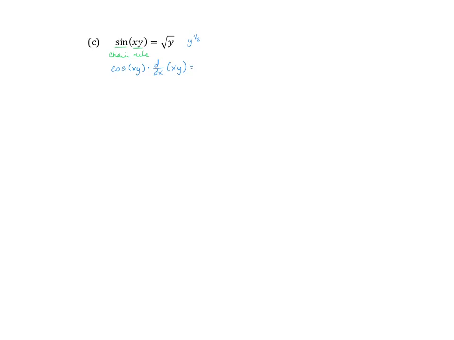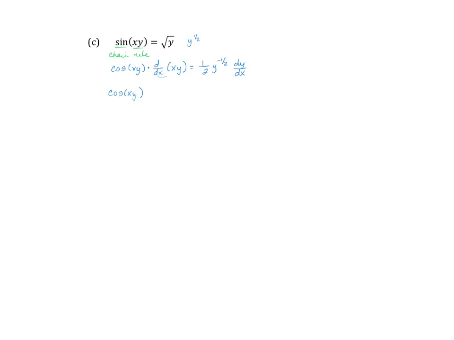And then on the right-hand side, this is just going to be 1/2 y to the negative 1/2. But remember, it's dy dx. Okay. I have cosine of xy.